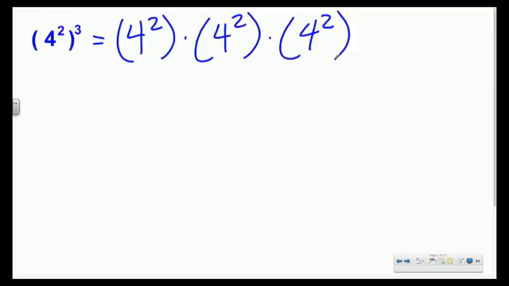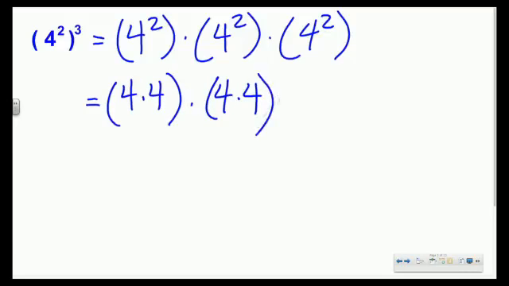Now let's keep breaking this down and see what it simplifies to even more. I know that 4 squared means that I'm multiplying 4 by itself, so that first part is the same as 4 times 4. Same thing for the middle one, that's another 4 squared, so that's another 4 times 4.